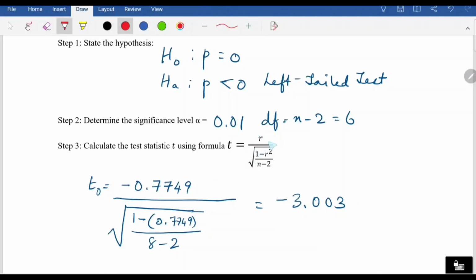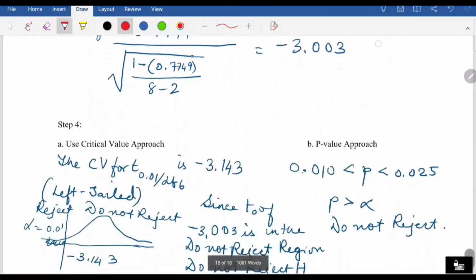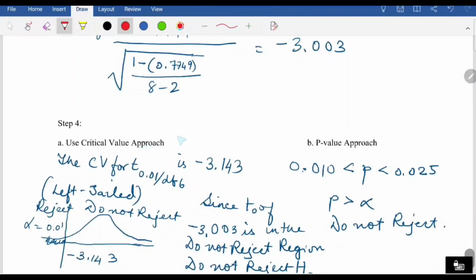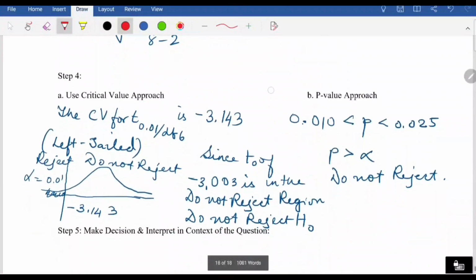Again, plug in your values correctly and also enter them correctly on your calculators. And once you get the right value for the test statistic, in this case it's negative 3.003, we can now proceed to performing the test using the different approaches. For the critical value approach, the reject region is going to be on the left hand side.